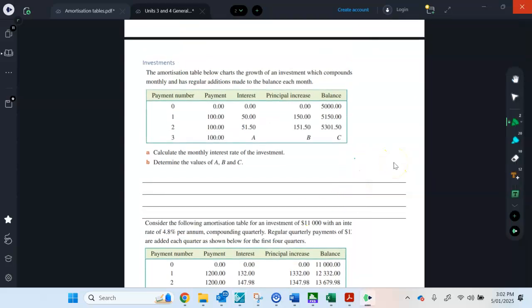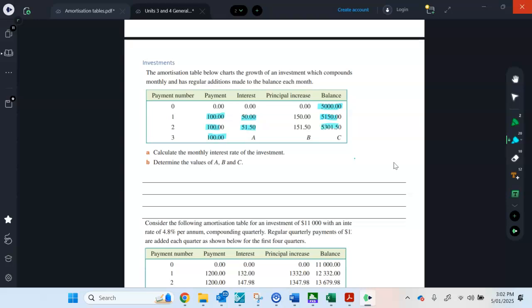So here we've got, for an investment, we've invested $5,000, and you can see the amounts going up each time. So we're making regular payments, so that money is going into the bank, into the investments. We've got our interest, and you can see that's going up because your balance is going up.